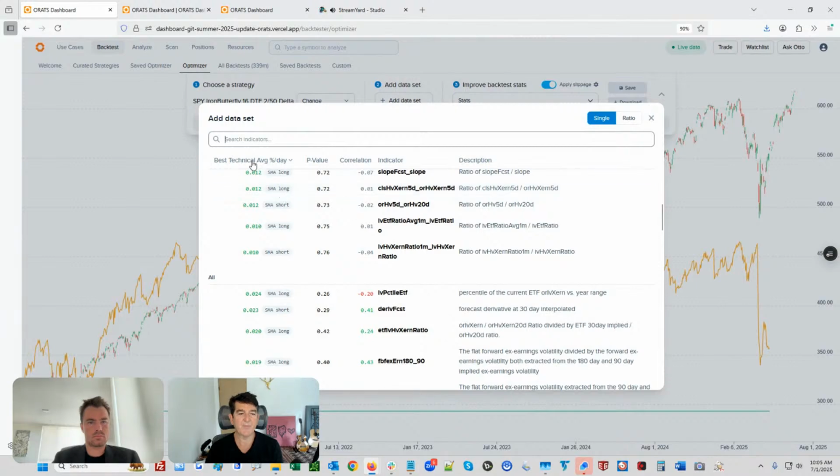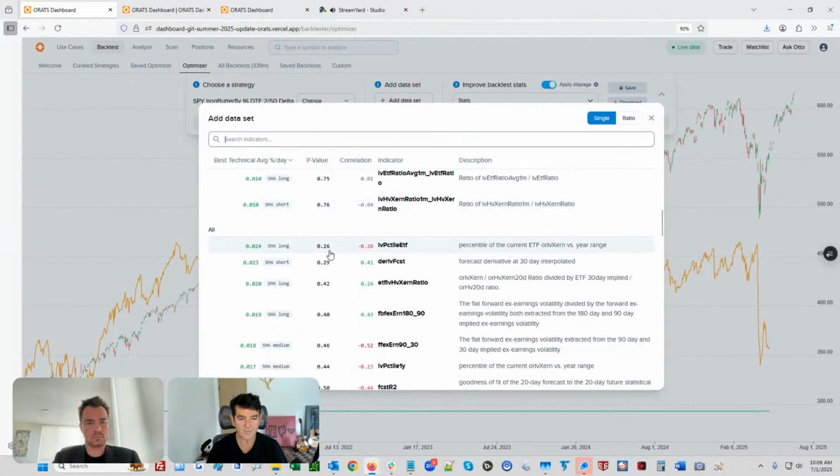And this is the new result, the average percent per day. By the way, 0.1% is very good for a day. And then I just know from past experience that some of these, actually this isn't that bad one, so I'll click on this one.